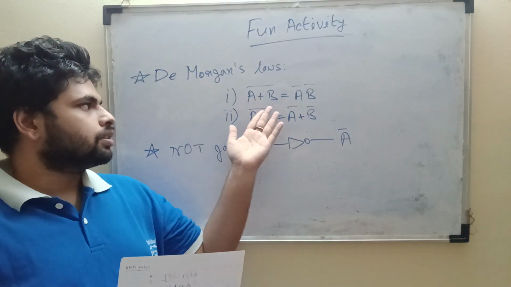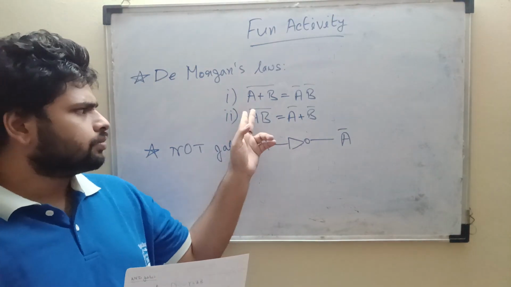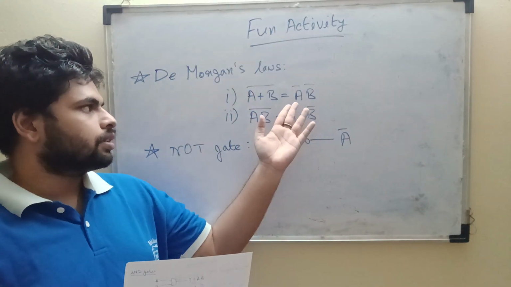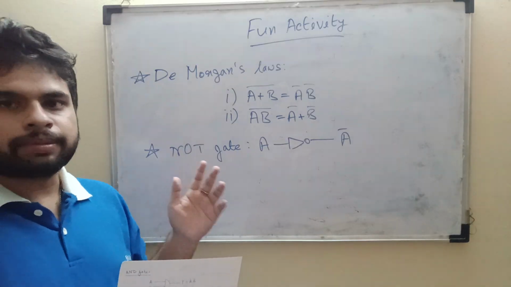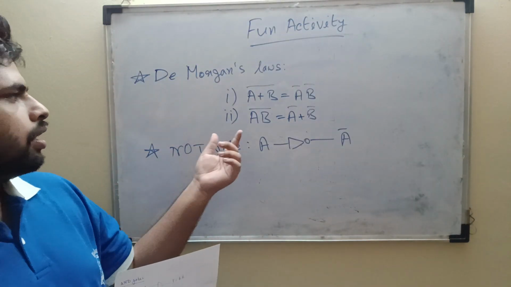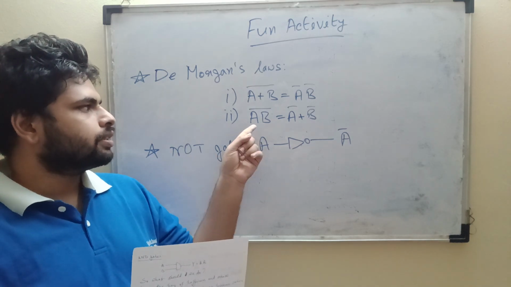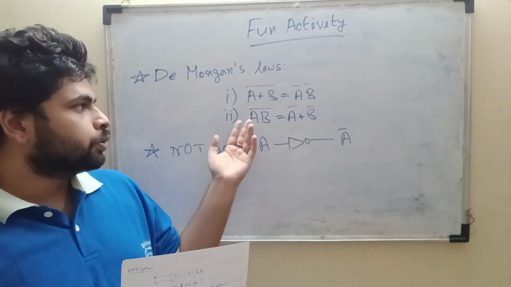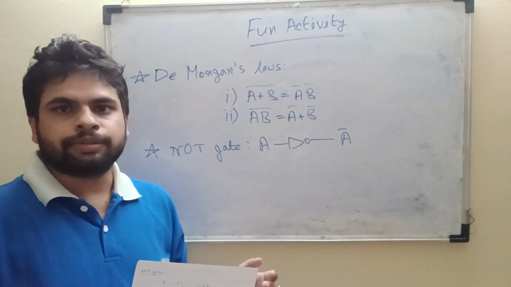If we add A and B, A plus B, and take its inverse, we get A bar dot B bar, the product of the complements of A and B. And for AB, if we take the product of A and B and its inverse, we get the addition of those inputs' complements.